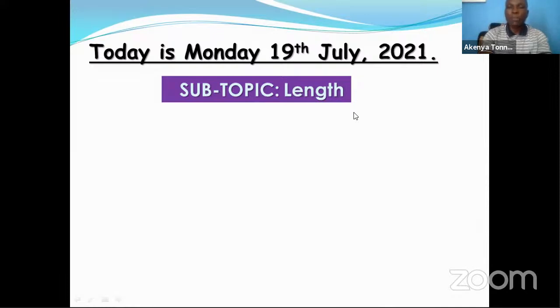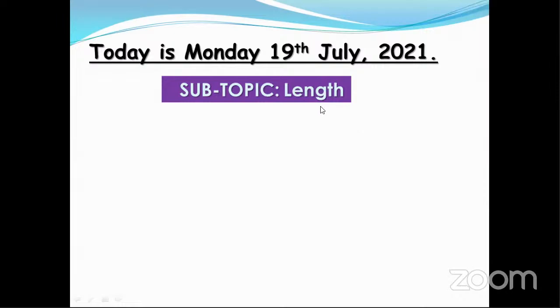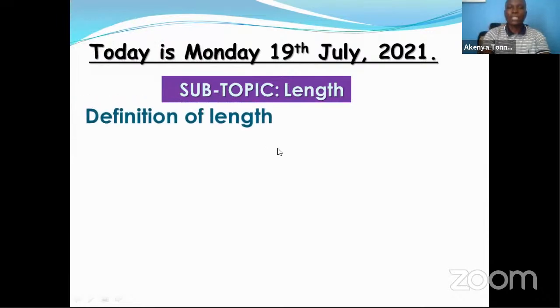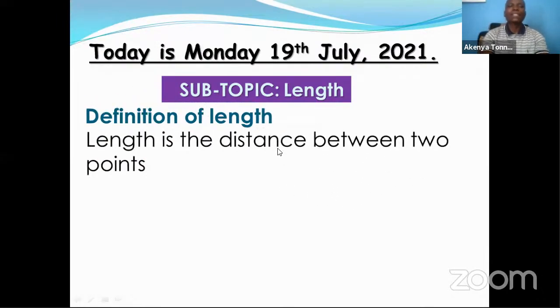So when we talk about length, if I may explain, since I waited for Juanita to define for us the word length, length is the distance between 2 points. The distance between 2 points is what we call length. How do I explain this? Let's take, for example, where you are seated.